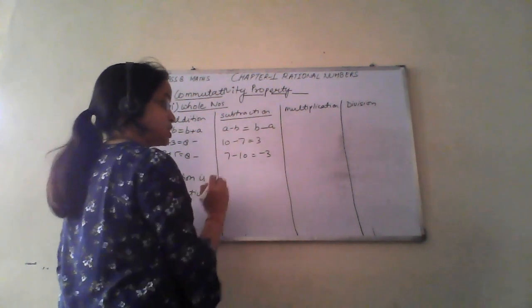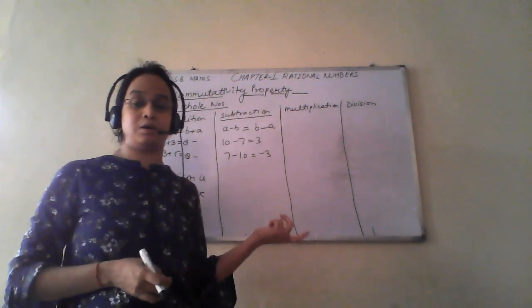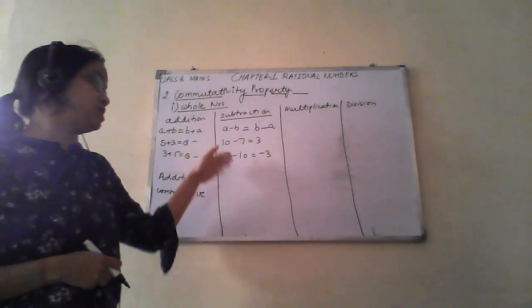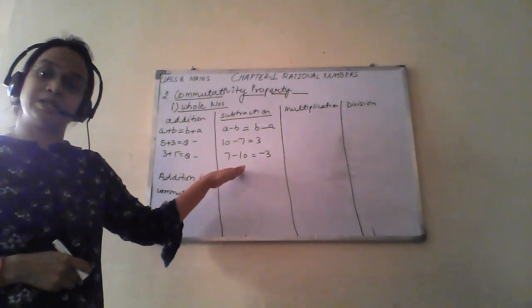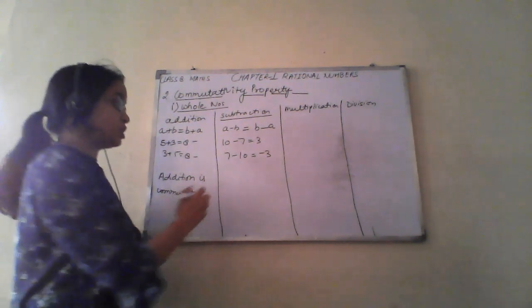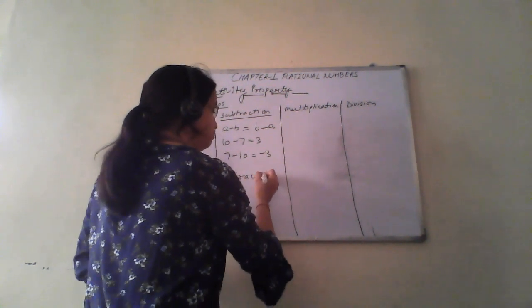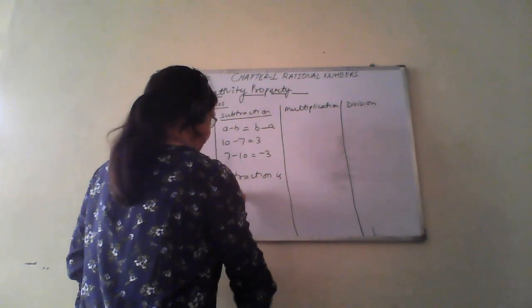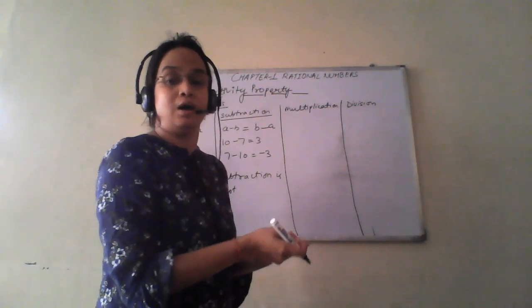Of course, they are not the same. So in the case of subtraction, if we change the sequence of the operation, the answers in both cases are different. That means subtraction is not commutative. The sequence of subtraction has an impact on the resultant number.